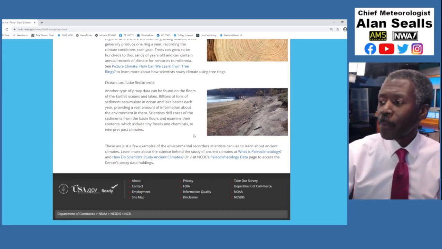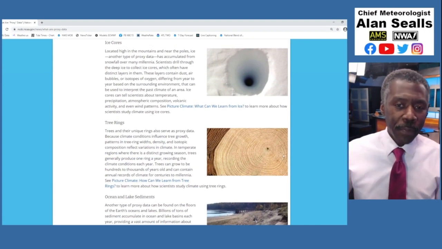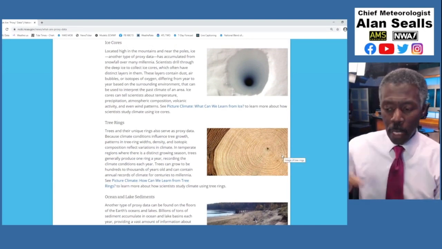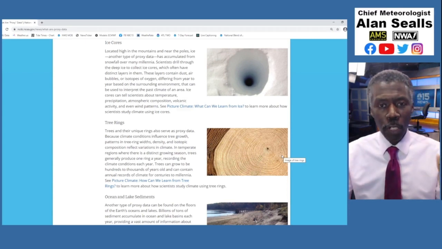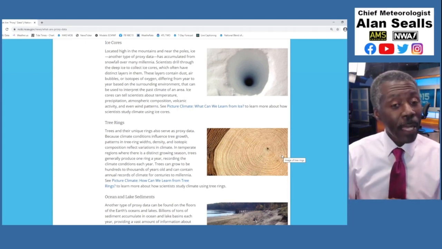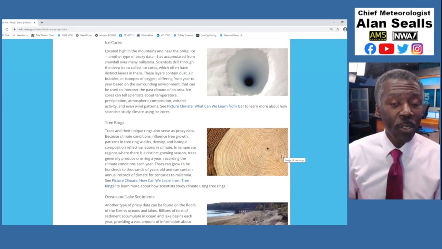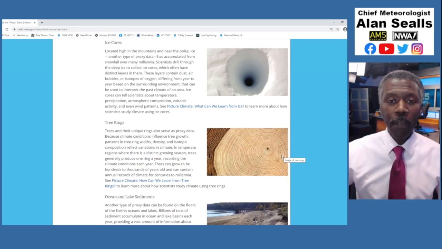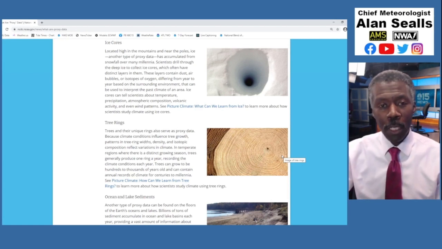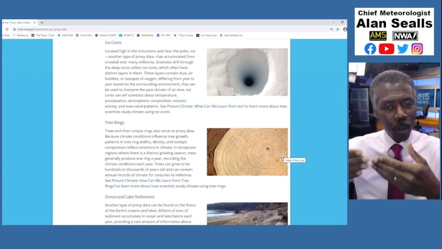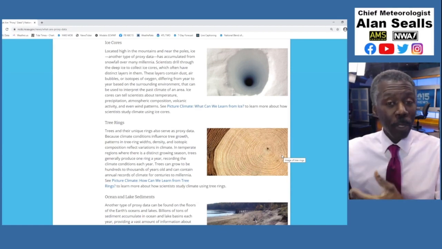That's another way. Tree rings, when you cut down a tree, count the rings, you look at how big they are, it tells you how much the tree grew in a certain year. And if you think of something like a redwood that can live for thousands of years, you take a current living redwood, you cut it, don't do this, but if it were cut down, you look at the rings, you can see what the weather was going back a couple thousand years.